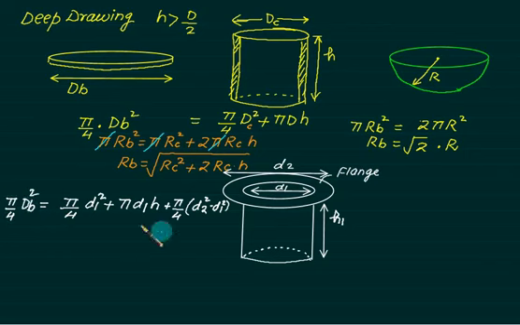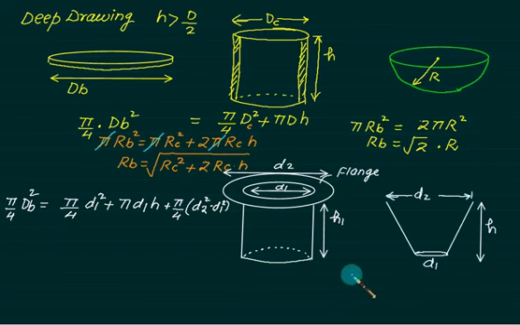We can very well calculate the blank. Bottom area is pi by 4 into d1 square, and the circumferential area you can calculate using the mean diameter, that is pi into (d1 plus d2) divided by 2, multiplied by h, and equate this with your blank diameter.